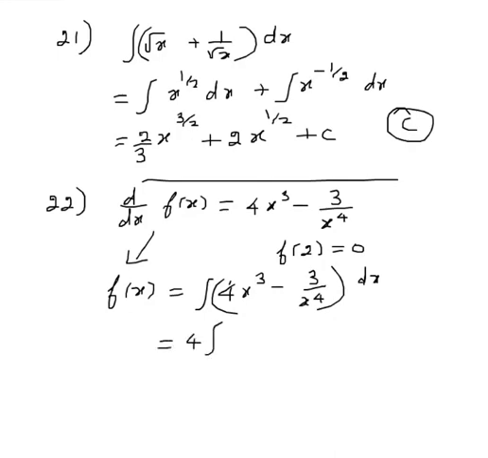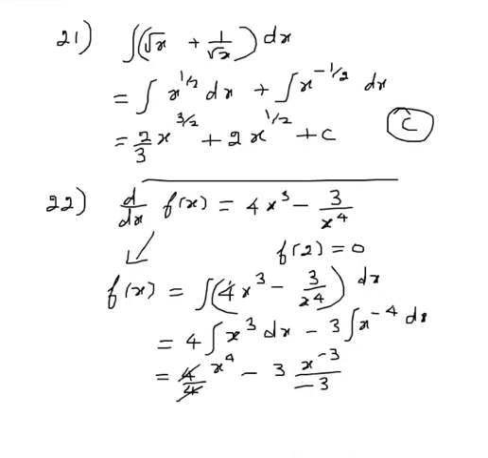I can write this as 4 times the integral of x cubed dx minus 3 times the integral of x power minus 4 dx. Let us integrate and write. This is x raised to 4 divided by 4, which could be cancelled, minus 3 x raised to minus 3 divided by minus 3, and plus c.